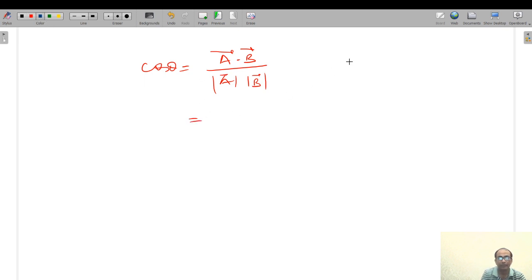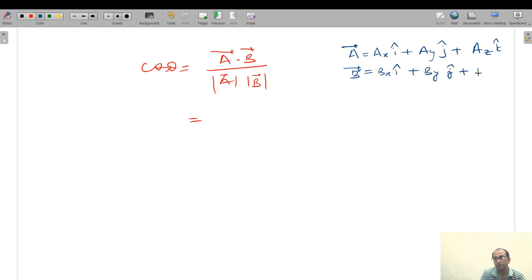If vector A is given by AXi plus AYj plus AZk, and vector B is given by BXi plus BYj plus BZk, the dot product we saw in the previous slide is AX BX plus AY BY plus AZ BZ.